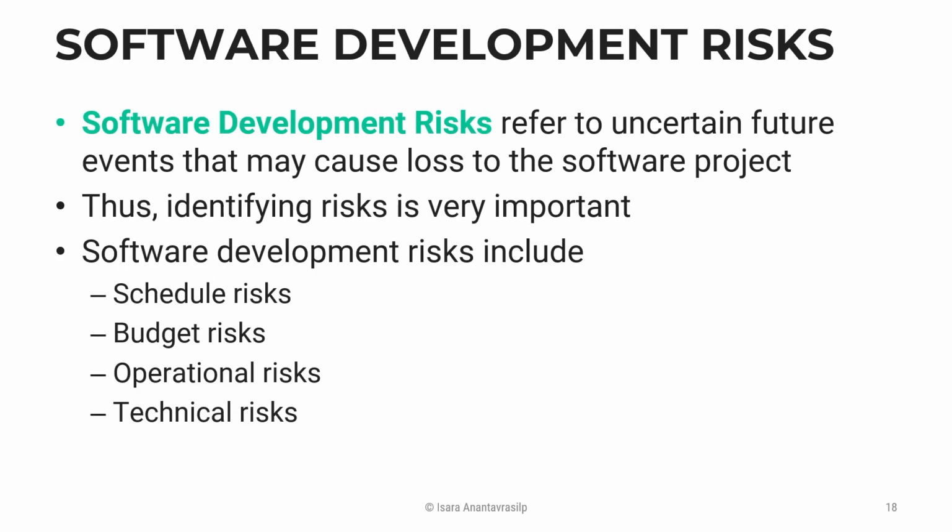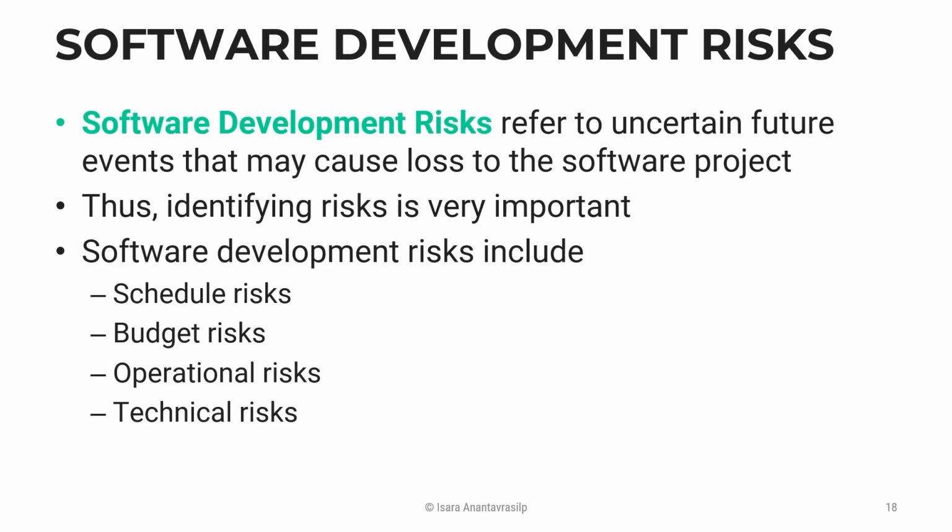Since we did talk about risks, why don't we elaborate a little more on software development risks. Software development risks refer to uncertain future events that may cause loss to the software project. What it means is what could go wrong. So identifying risks is a very important task.